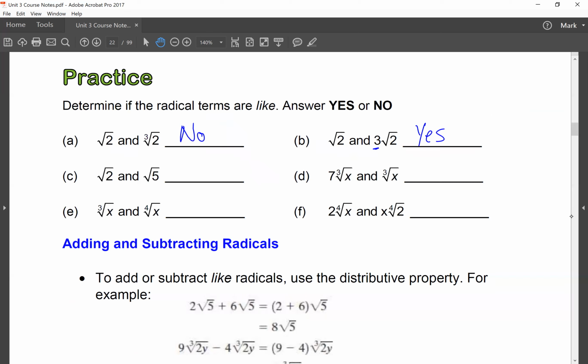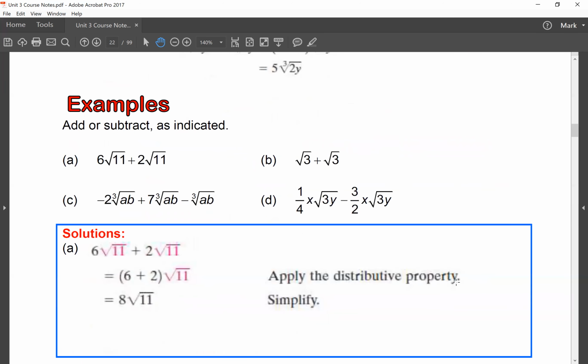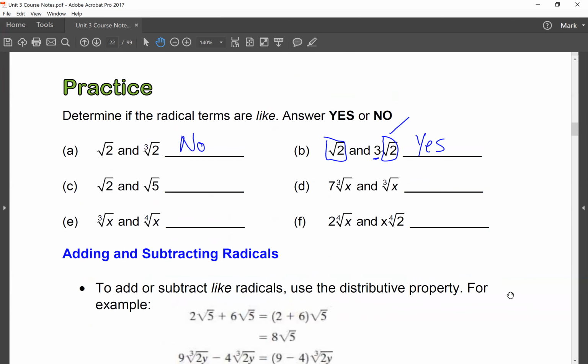There is a 3, but that doesn't matter. It's still a square root 2 and a square root 2. You don't have to go down into this section, but why don't you just try this practice one and answer yes or no if they have like radical terms. All right, and I'll be back in a minute.